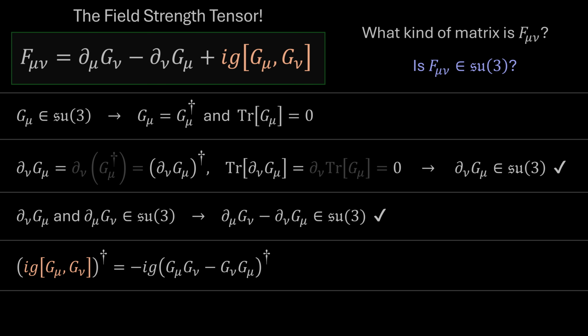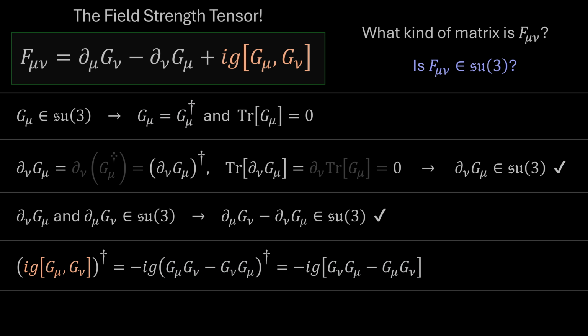Now, if we evaluate the transpose conjugate of that commutator expression, all we have to do is switch around the order of those products of matrices. The reason being that g mu and g nu are both equal to their own transpose conjugate. But the transpose conjugate of the product of two matrices, say (AB) dagger, is equal to B dagger A dagger.